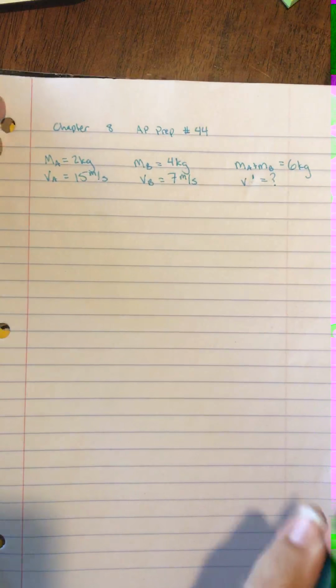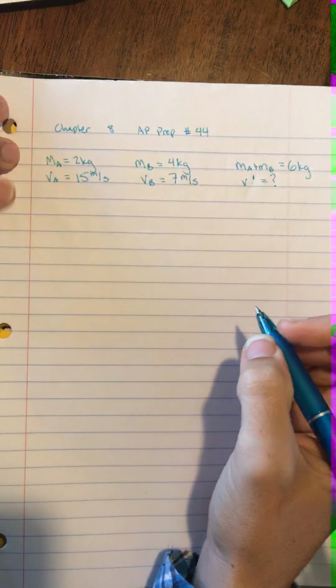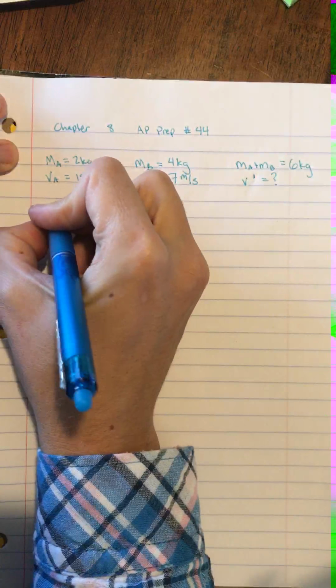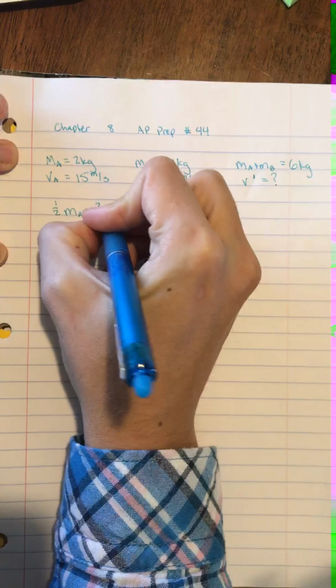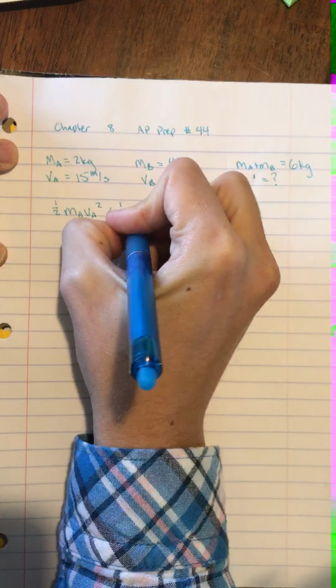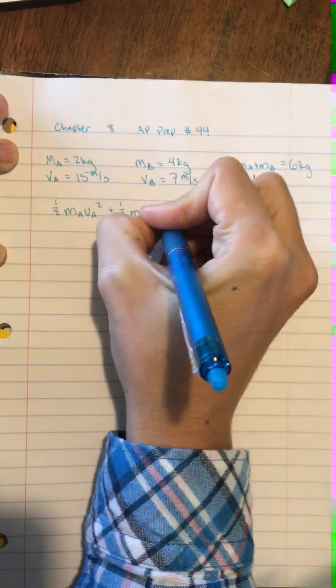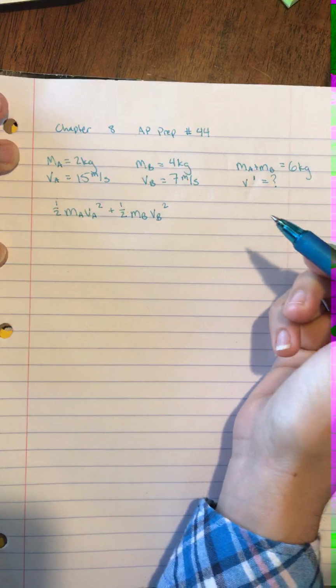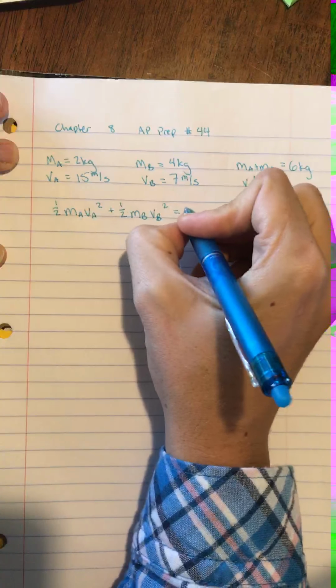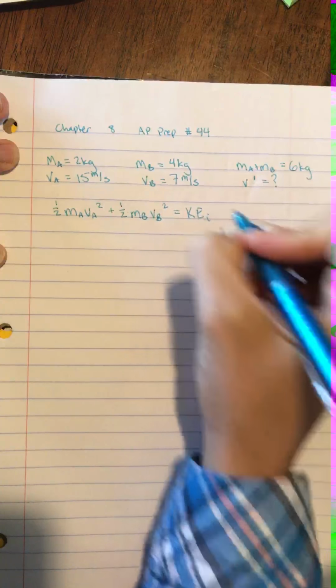Well, we know how to figure out the change in kinetic energy, right? So we would do 1/2 MA VA squared plus 1/2 MB VB squared, which does not equal the final because we know that it's changing. So this is going to equal our kinetic energy initial.